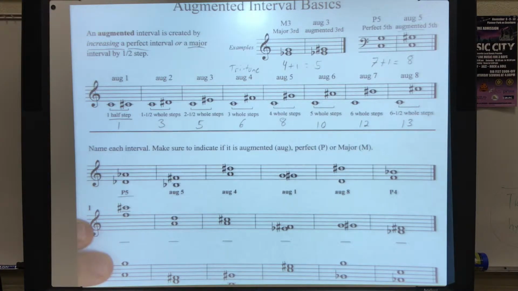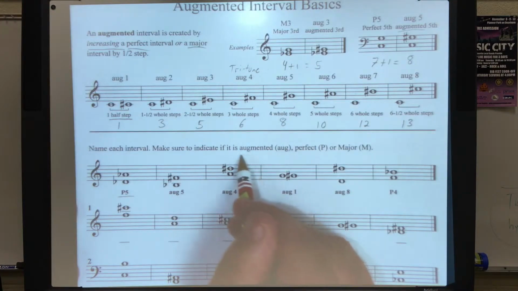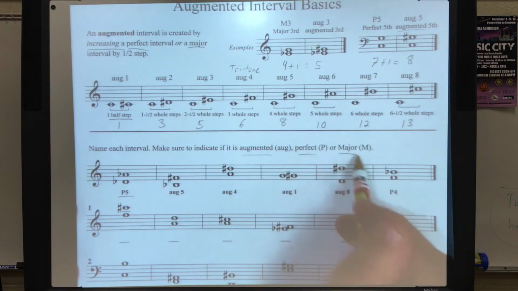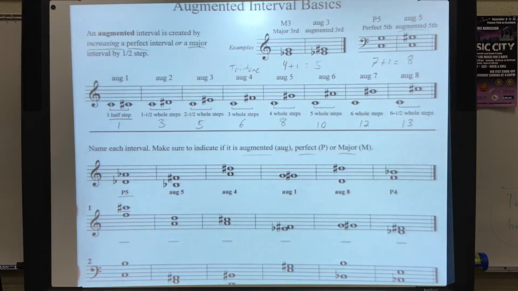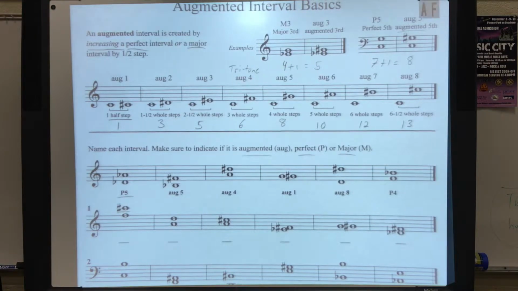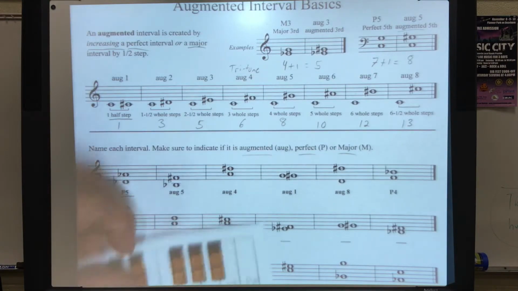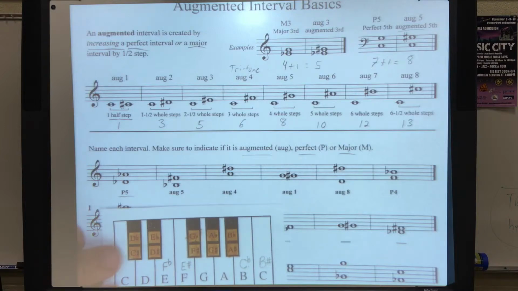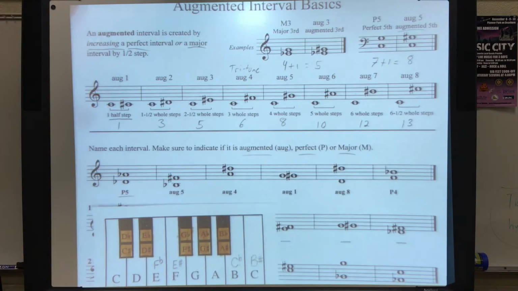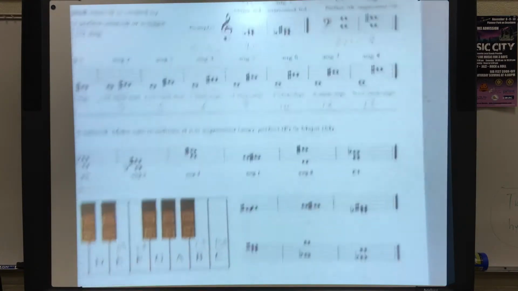And notice that all of these intervals are going to be either perfect or augmented. Actually, no, they will be augmented, perfect, or major. So remember, no minor intervals on this worksheet. Okay, so a perfect fifth. Let's go ahead and put our little keyboard here. Let me move this up a little bit.